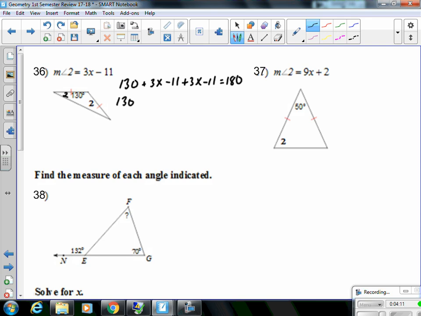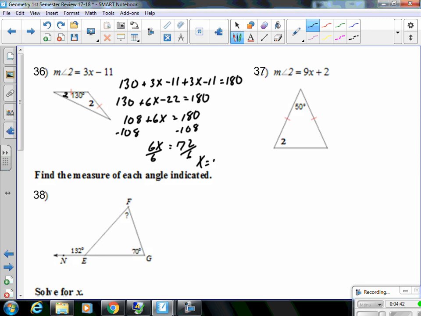So 130 plus 6x minus 22 equals 180. 130 minus 22 is going to be 108. Plus 6x equals 180. Subtract 108. So 6x equals 72, divided by 6. Our x is going to equal 12.